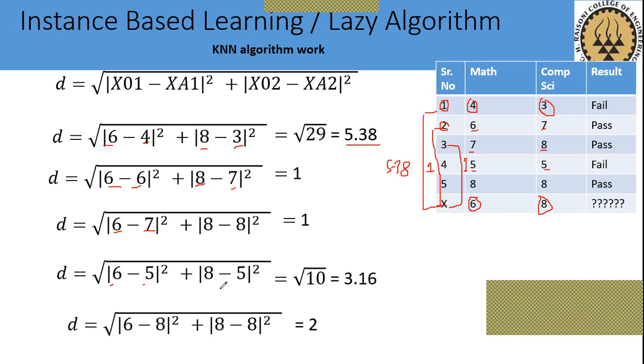So 6 minus 5 plus 8 minus 5: 1 plus 3 whole square, that is 1 plus 9, that is 10. Under root 10, the value is 3.16. So the distance between these two elements is 3.16. And the distance between these 2 points is nothing but 2.